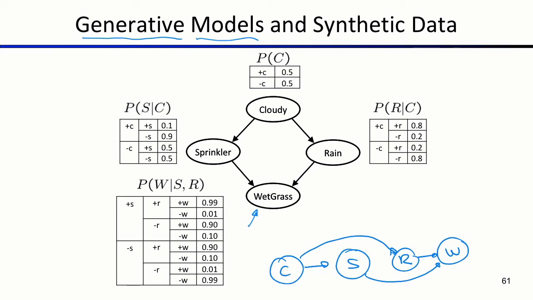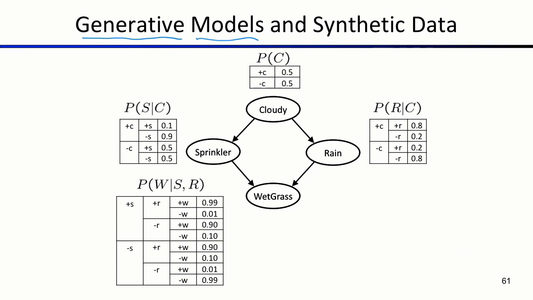If we follow the topological order, we're going to give first a value for C, and later a value for S, but now we have already given the value for C. Then we go to rain, and again we have already given a value for C, the parent of rain. And when we reach W, we have already given values for S and also for R.